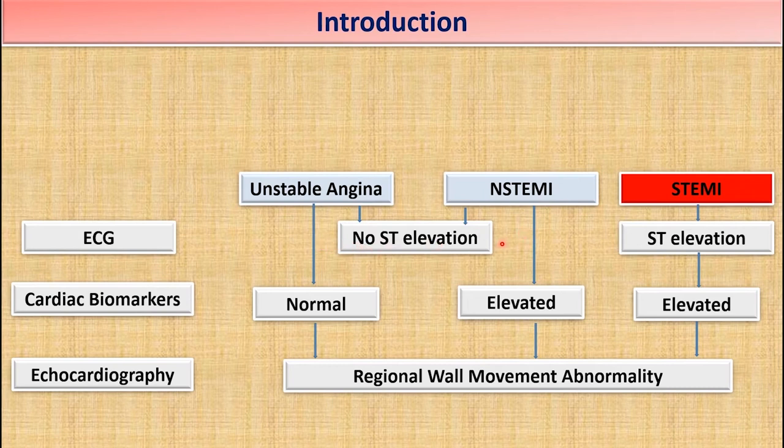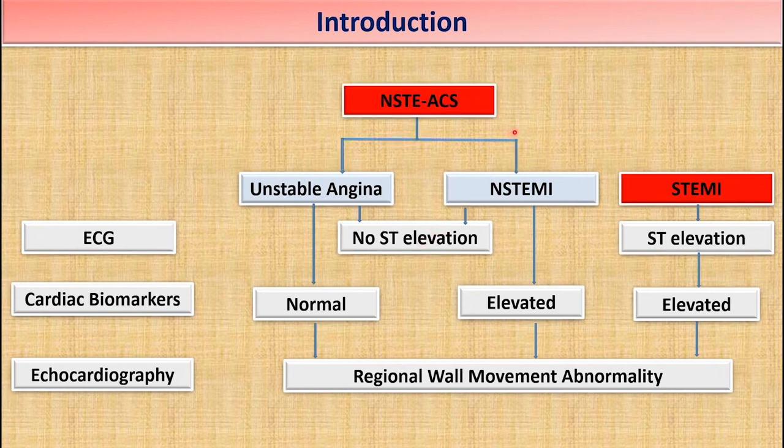If there is ST elevation, then it will be classified as STEMI. The differentiating point between unstable angina and non-STEMI is the cardiac biomarkers. For example, the highly sensitive troponin I will be elevated in non-STEMI, but not in unstable angina. Like I mentioned in the earlier slide, nowadays we classify unstable angina and non-STEMI under this new nomenclature known as NSTE-ACS.